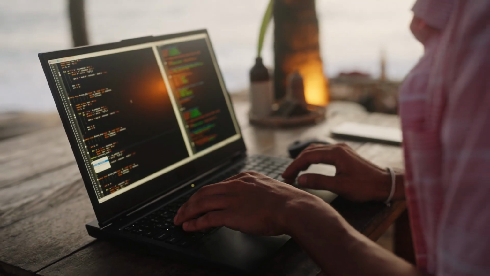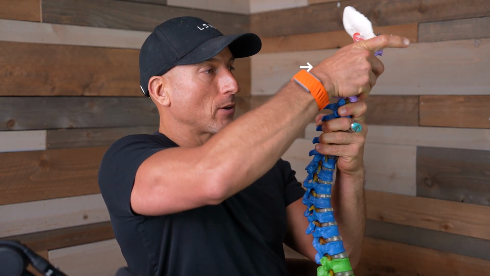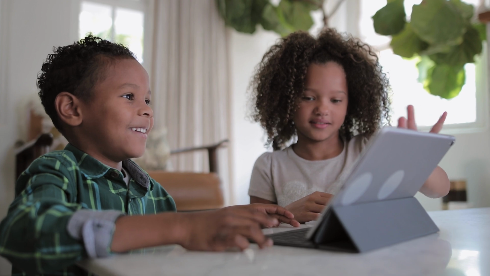Most people today, because of the position we're in all day long, whether we're at computers or whether we're on our phones all day long, the curves start to become absent or even reversed. And it's what I see even with kids as young as 5 and 6 years old today, because they're always on those tablets every day.